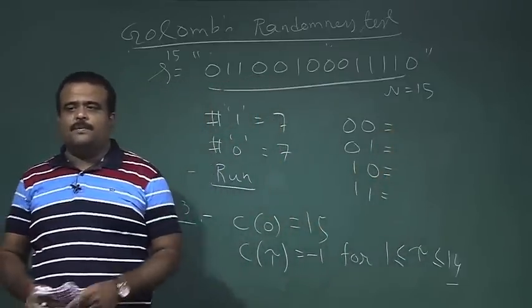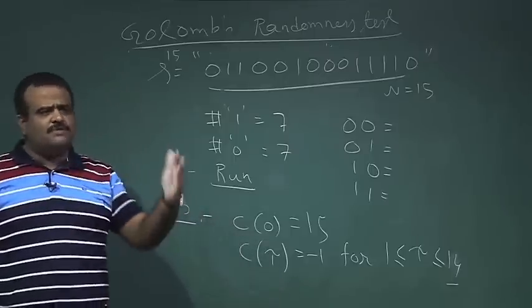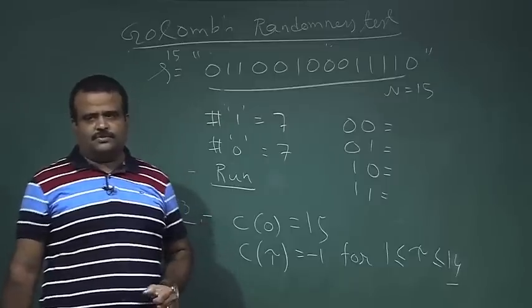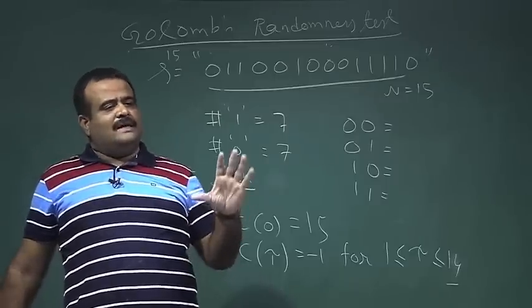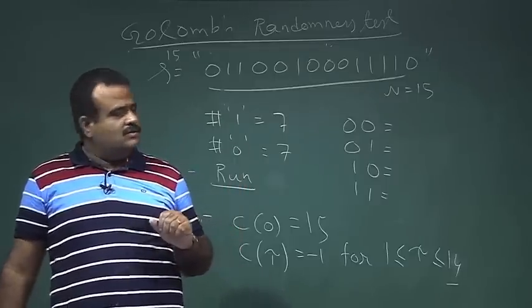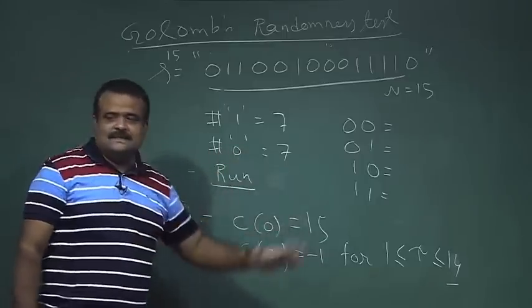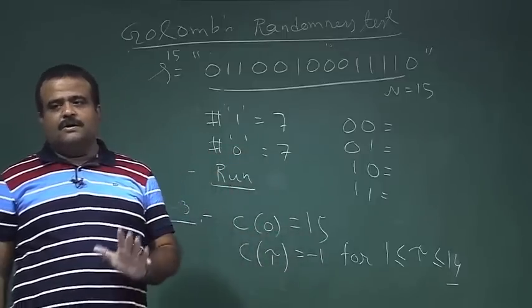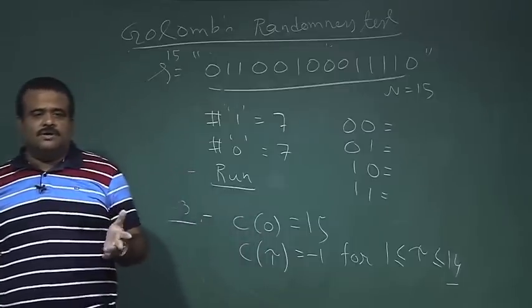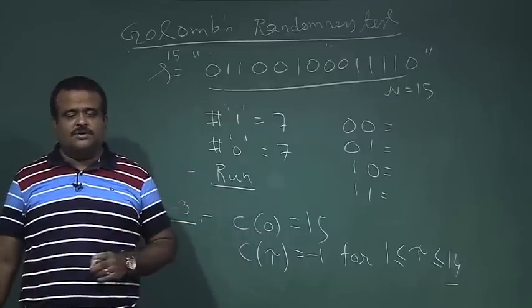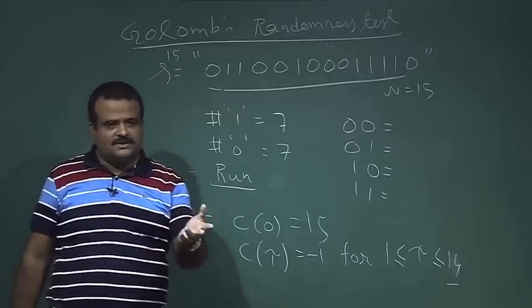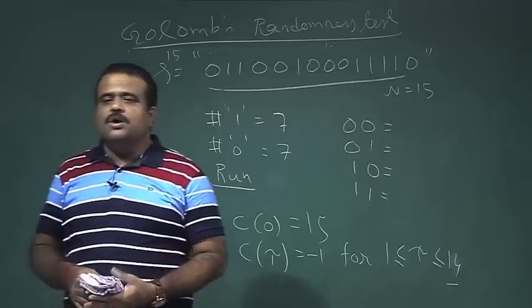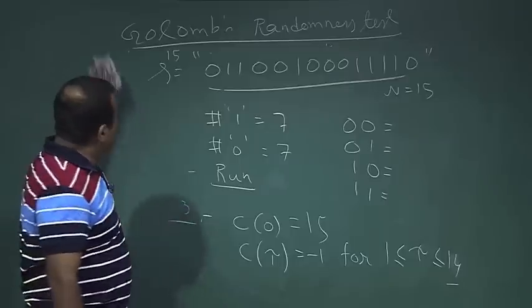This is another property of a truly random sequence. There could be many properties and many statistical tests on this. Those are basically necessary tests, so a truly random sequence should pass them. If a pseudo random sequence passes these tests, then it will have more randomness.